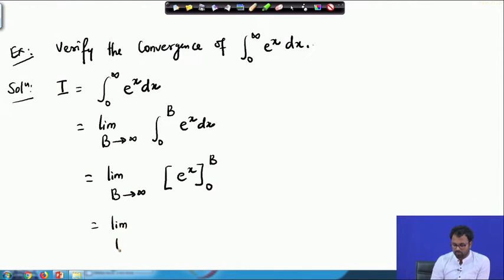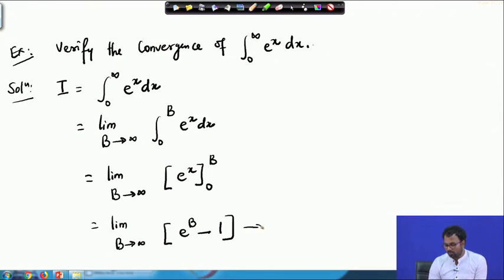Now, we have limit b goes to infinity e to the power b minus e to the power 0, e to the power 0 is again 1, and here when b goes to infinity, e to the power b will also diverge. So, this whole thing will diverge.